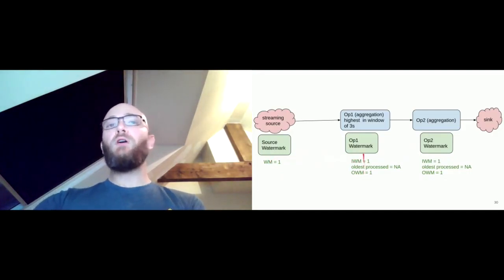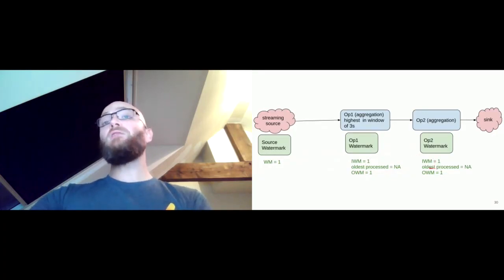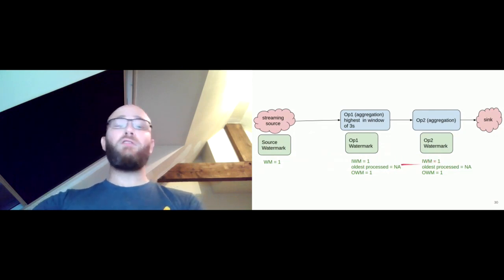The output watermark of operation 1 is the minimum between the oldest processed and the input watermark, so it's 1. And for operation 2, the input watermark is the output watermark of the previous step, so it's 1. And the output watermark of operation 2 is the minimum between the oldest processed and the local input watermark, so it's 1.